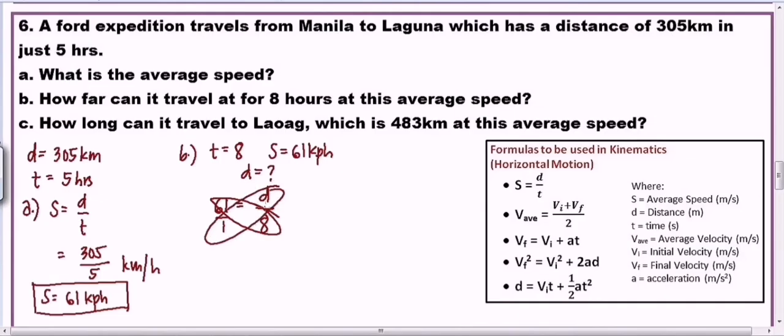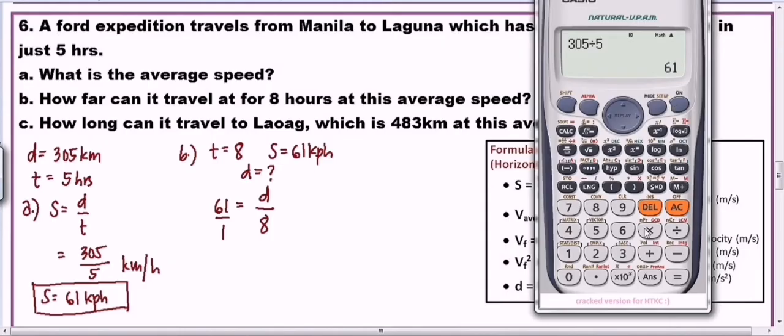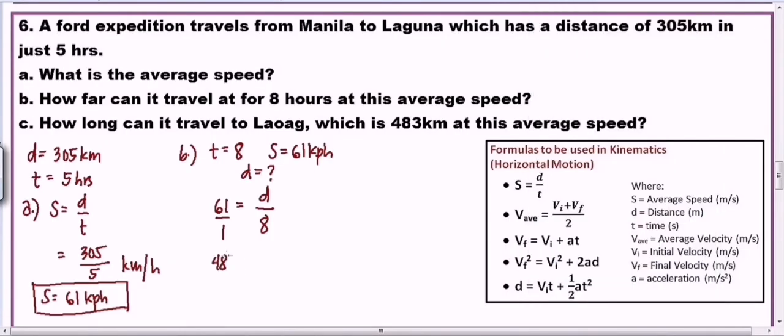So, 61 times 8 is 488. So, 488 equals, D times 1 is D. Since distance to, 488, hindi meters, ang binigay dito ay kilometers lang. So, distance lang yan, therefore, length lang ang unit. So, kilometers.